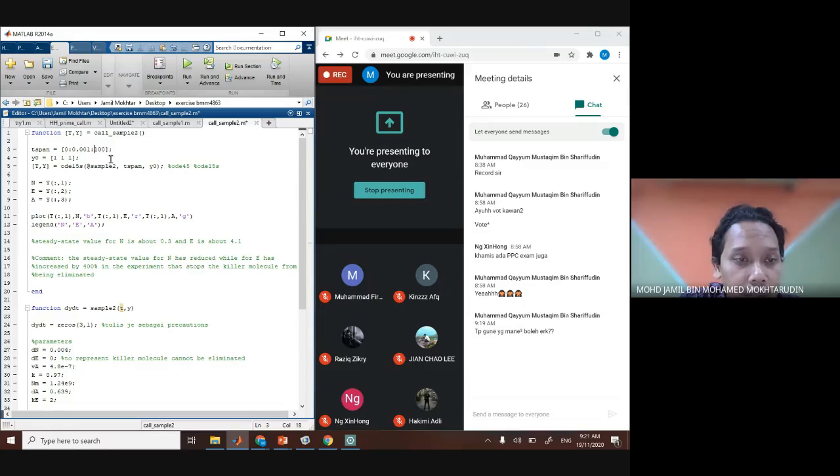Macam ni dia increase time by 0.001, but it will take so much time to solve. Tapi accurate lah, so your solution is nearly converge, but it will take some time to solve.